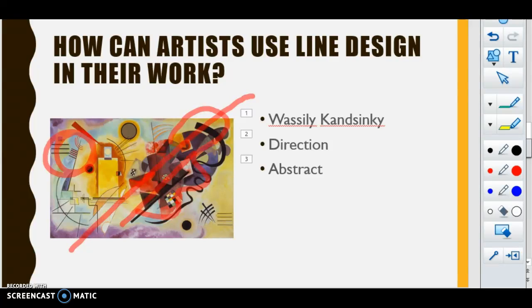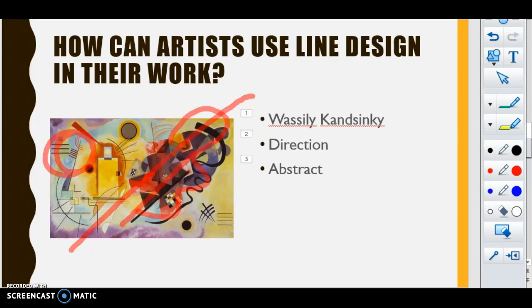We also talked about how this artist is abstract, so the lines are very obvious. Wassily Kandinsky is not trying to hide these lines. He's not trying to cover them up. Sometimes realistic artists try to hide the lines because in real life, we're not outlined cartoon characters and there's not outlines everywhere floating around. So that's the difference between this piece right here.